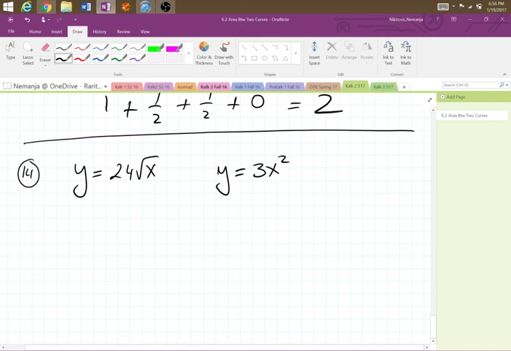Yeah, hold on. You got one x is 0, the other one is like 4. Divide by 24 you get root x.